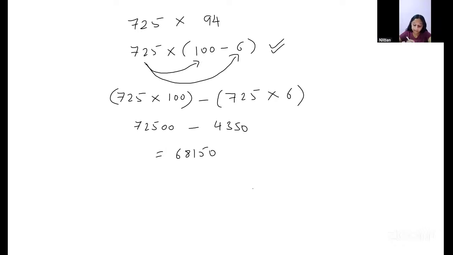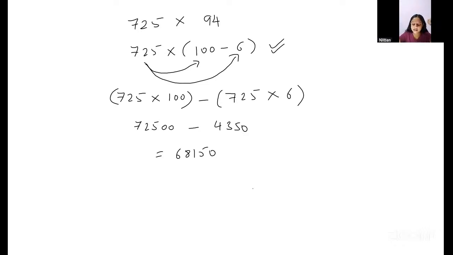Look up and listen once again. I'll explain it to you again. First, I had 94. The closest rounded figure to 94 is 100. Now, imagining 100, when will I obtain 94? If I do 100 minus 6. So I took 100 minus 6, and outside I took 725.